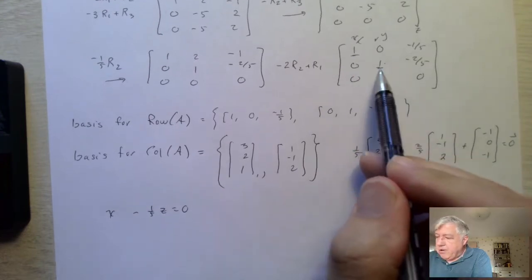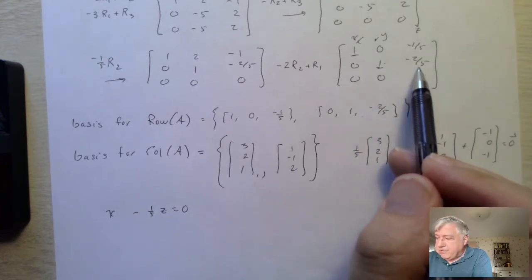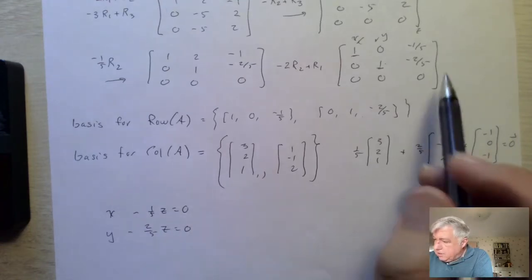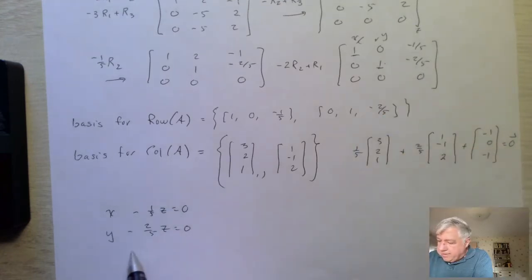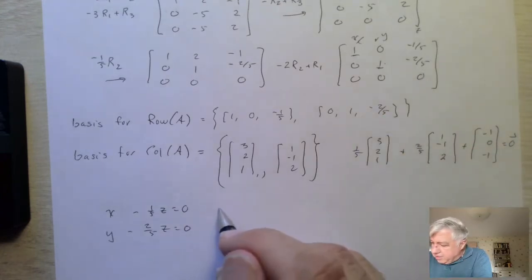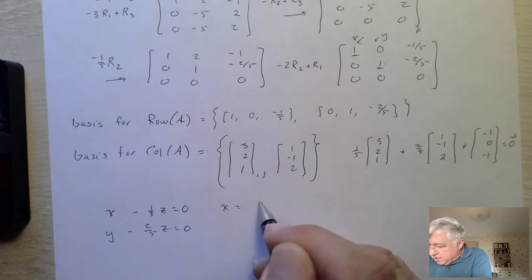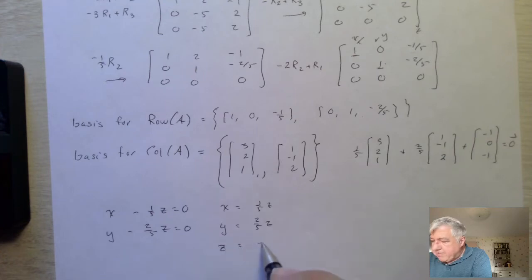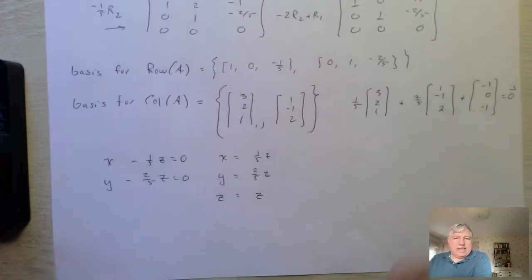Then 0x plus 1y minus 2/5 z equals 0. And then 0 equals 0, which we can write as z equals z. So we get x equals 1/5 z, y equals 2/5 z, and z is our free variable, so we just let z equal z.